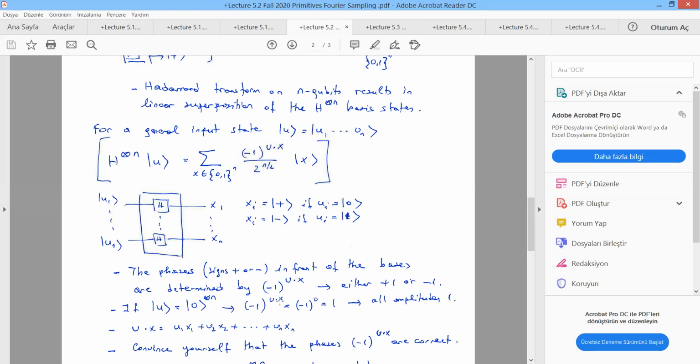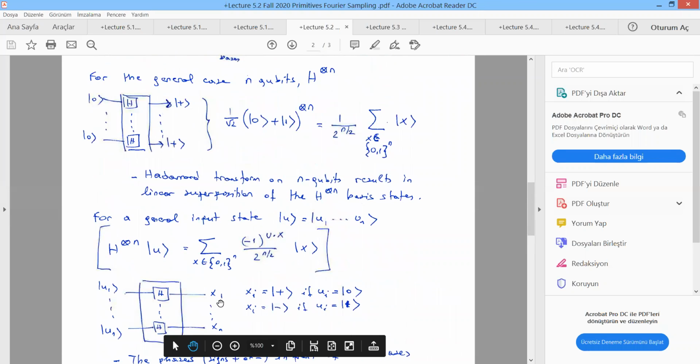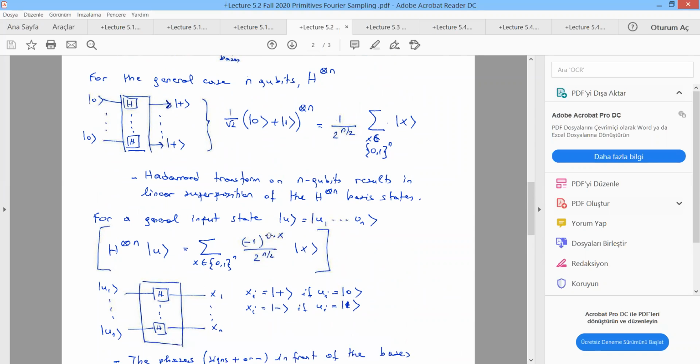So no matter what x you have, in this summation, you end up with a 0. So minus 1 to the 0th power would be 1. So this verifies our previous derivation over here, that if in the input we have u equals 0, all these phases, these coefficients, are all 1. So this reverts back to this formula over here.